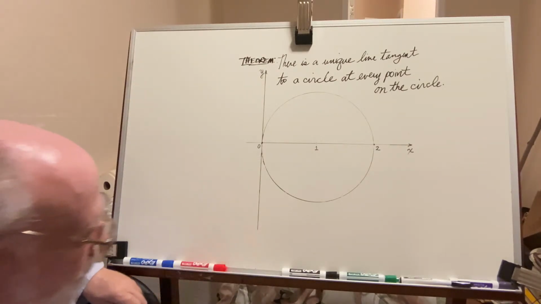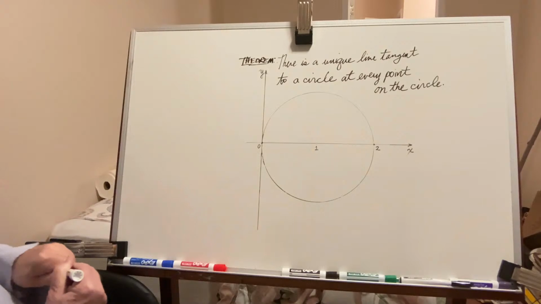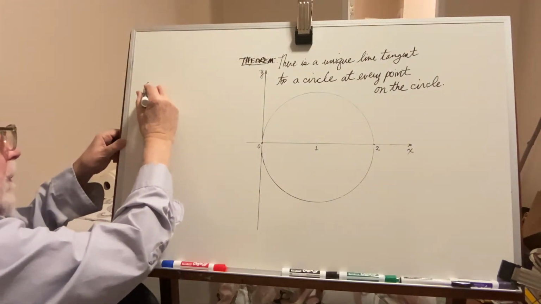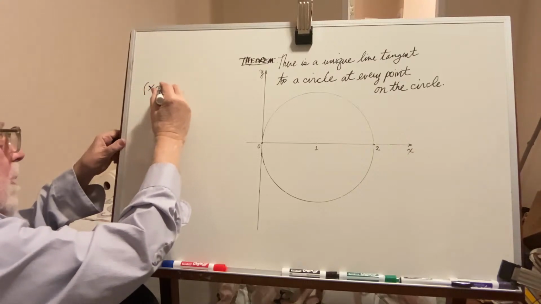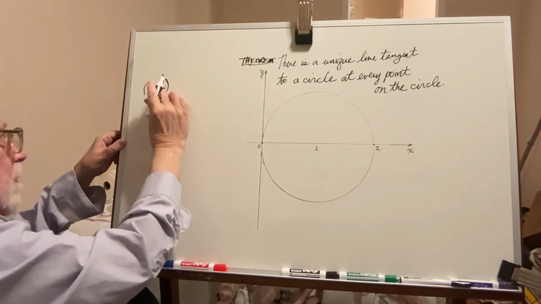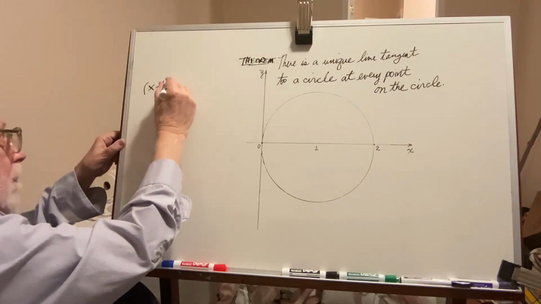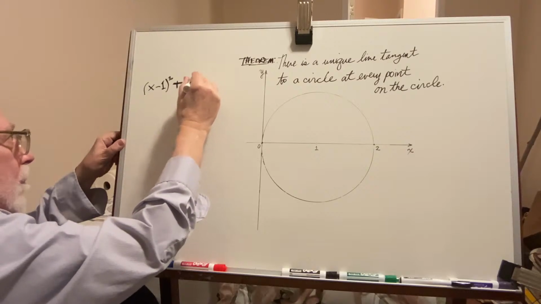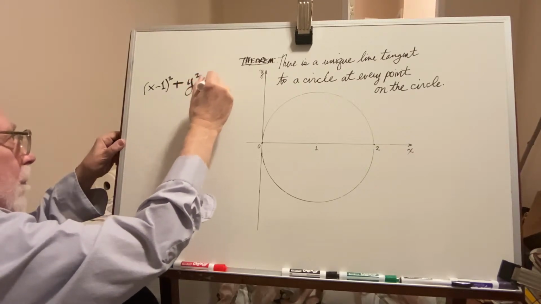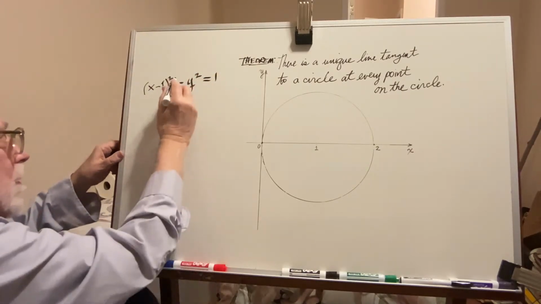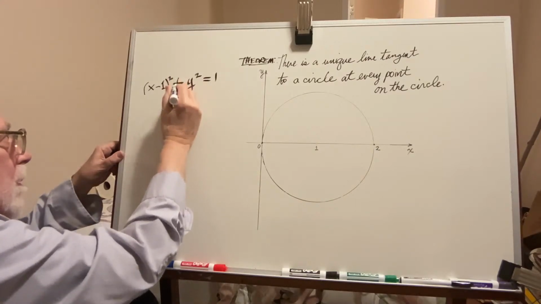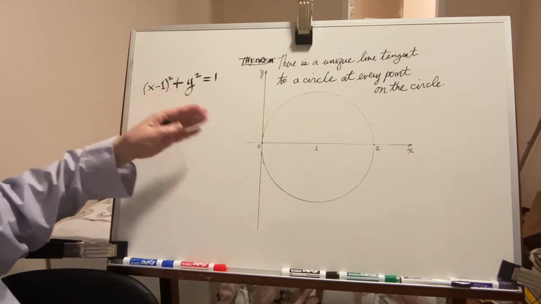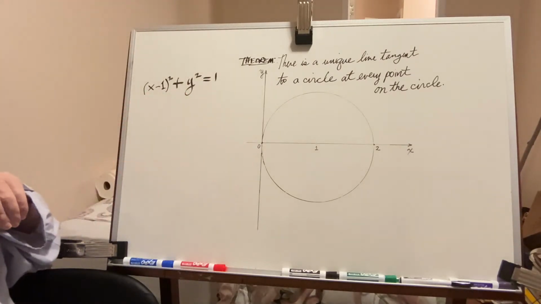So this is going to give us a system of two equations. An equation of the circle is the quantity x minus 1 squared plus y squared equals 1.